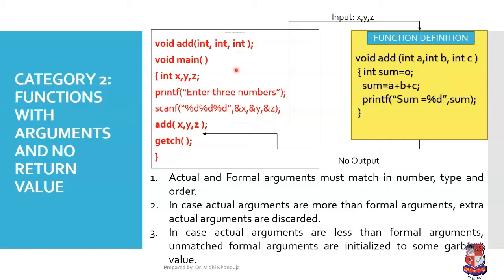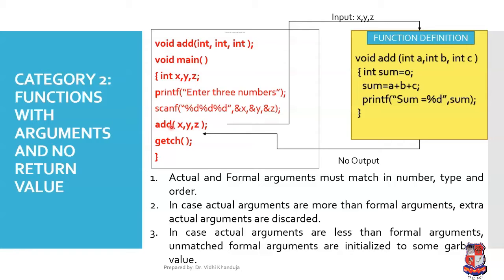Now, look at the code here. Your function prototype or the function declaration, right? Then the main, you are declaring three variables x, y, z, taking the value of these three variables from the user and then passing these values to add, right? This is your function call.